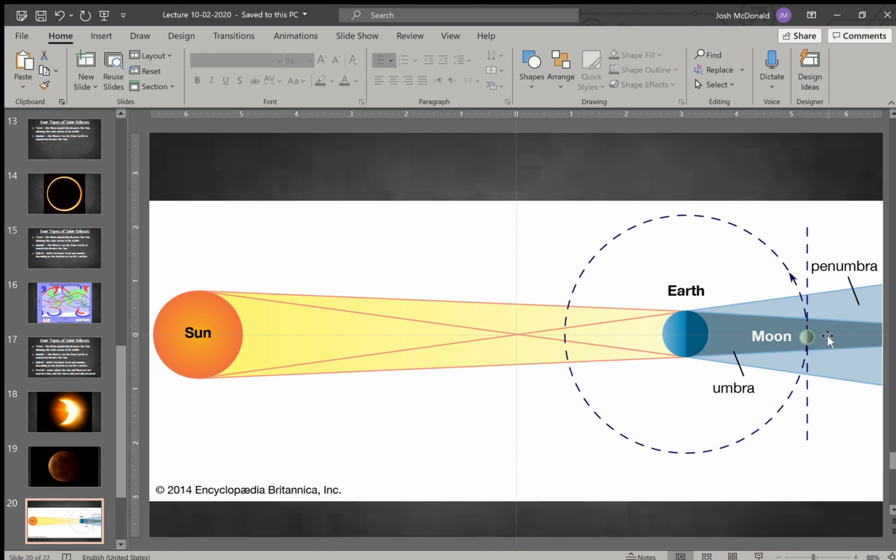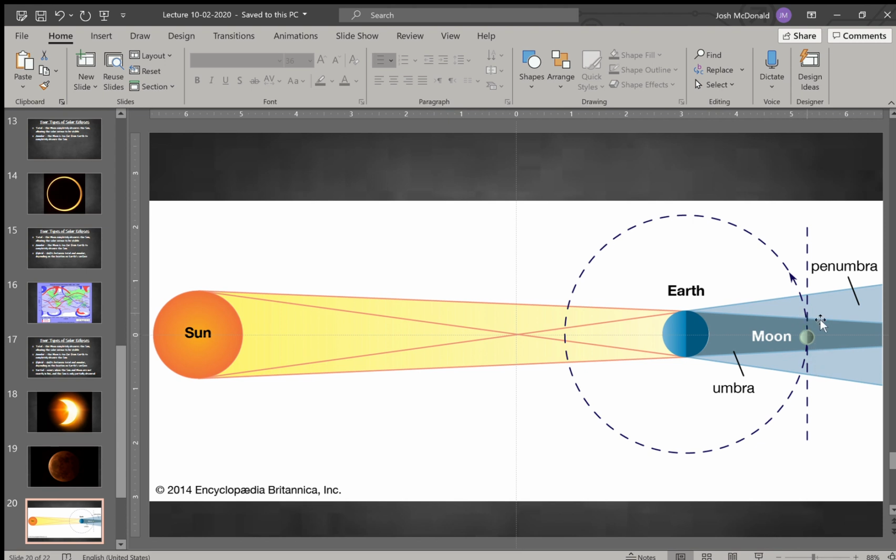So this, we know, can only occur during the full moon phase of the moon cycle. So just like it had to be over here for the solar eclipse, that's only during a new moon. This only happens during a full moon. Now, this is a top-down profile view.